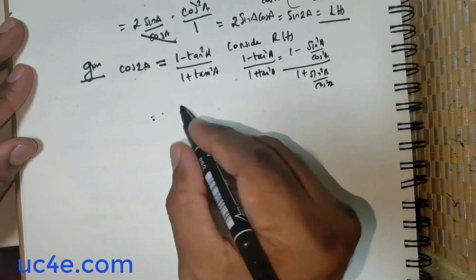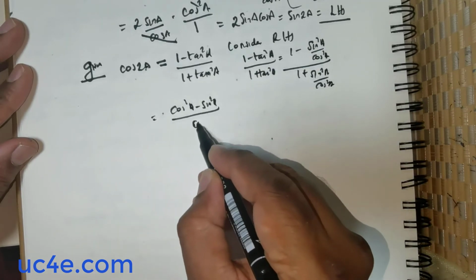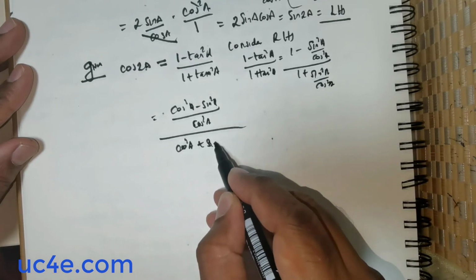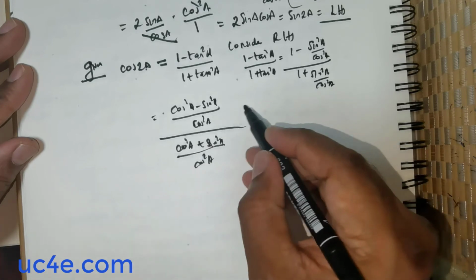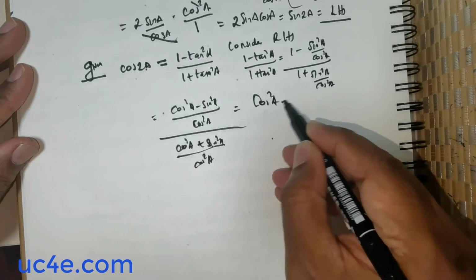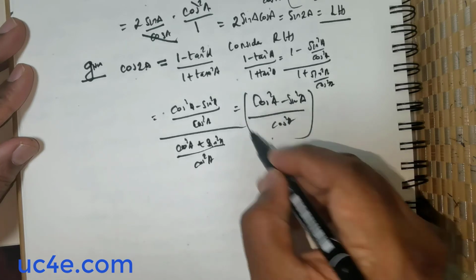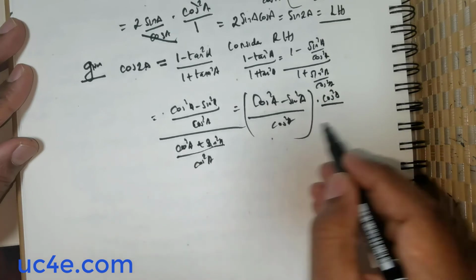Now taking the LCM, this is going to be cos squared a negative sine squared a divided by cos squared a. This is going to be cos squared a positive sine squared a divided by cos squared a. If I were to flip it, this is going to be cos squared a negative sine squared a divided by cos squared a. This is going to be cos squared a. When I flip it, cos squared a positive sine squared a is 1.